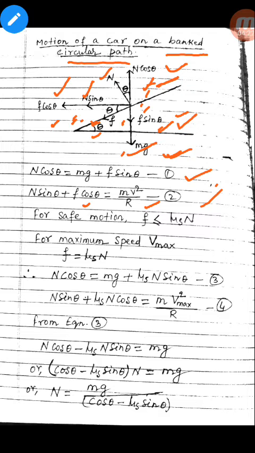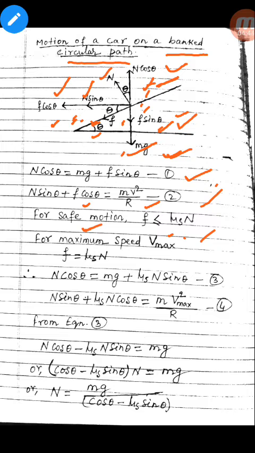Now we know that for safe motion, the frictional force should be less than or equal to mu s into N, where mu s is the coefficient of static friction.